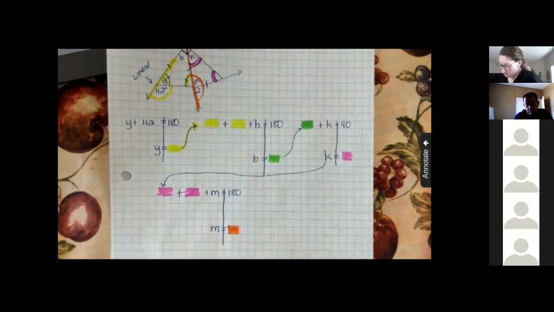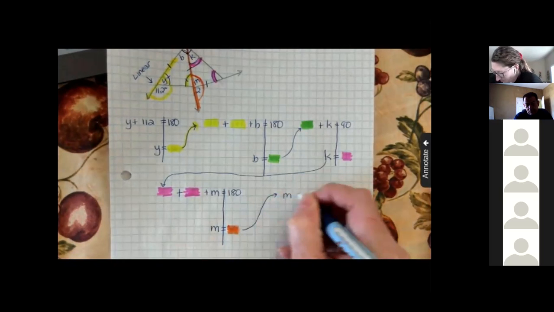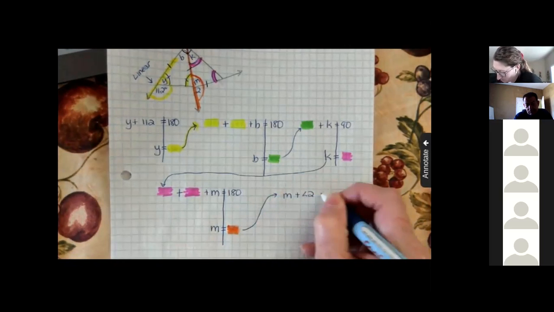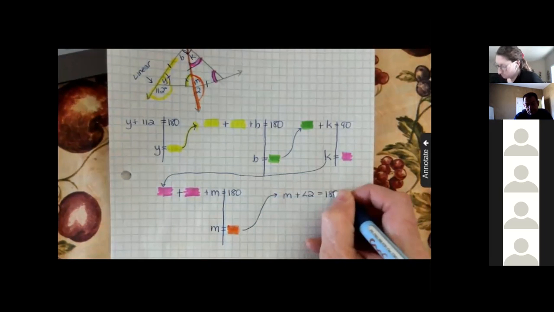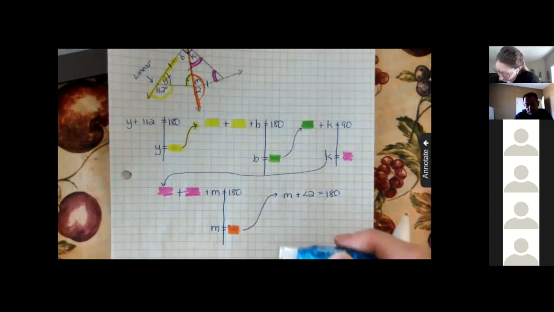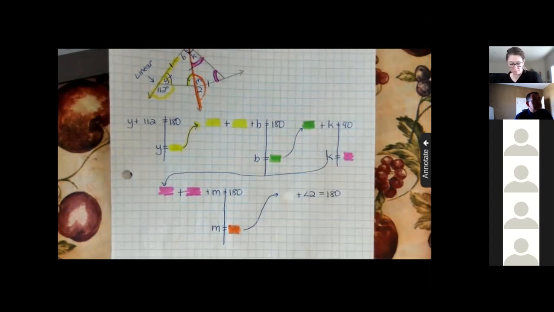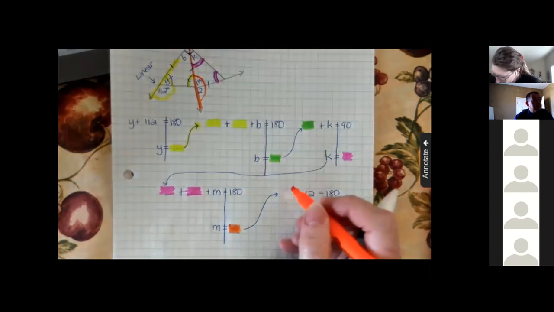Last but not least, you're going to take M and add it to angle 2, and because it's a linear pair, you're going to make it equal to 180. Whoops, I messed up. I wasn't supposed to put that in there. I was supposed to put orange there. Sorry. Okay, so this is orange.